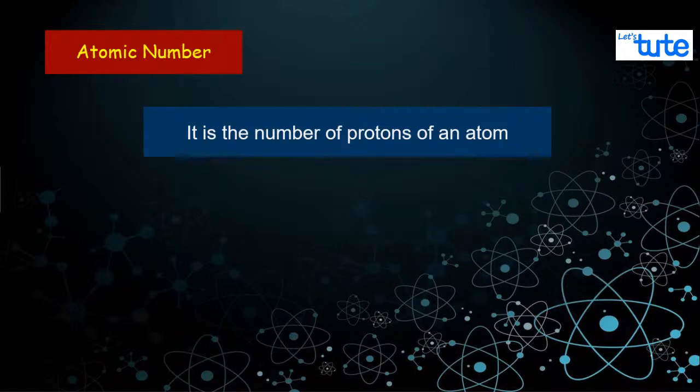So what is the atomic number? Atomic number is nothing but the number of protons in an atom. Suppose if I say in a particular atom there is only a single proton, that means the atomic number of that particular element is 1. If I say that there are 11 protons in a particular atom, that simply means the atomic number of that particular element or atom is 11.